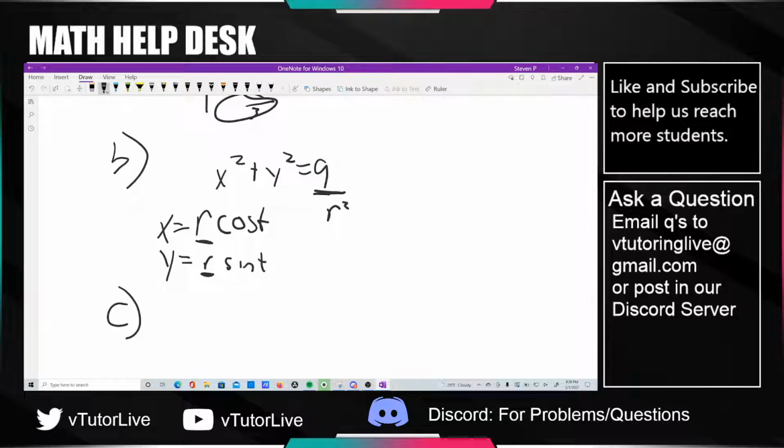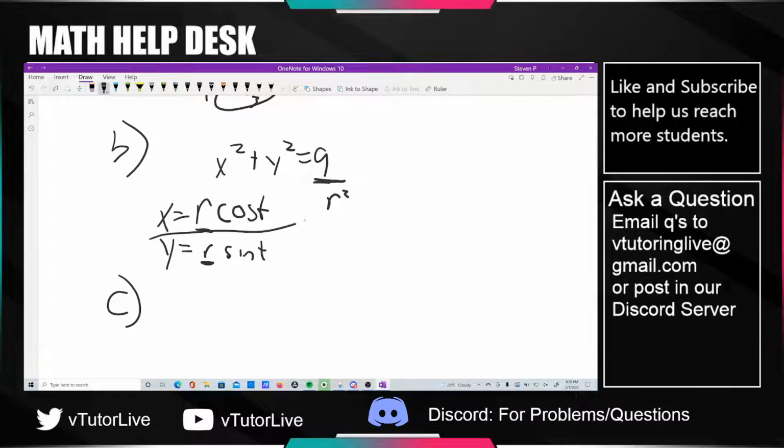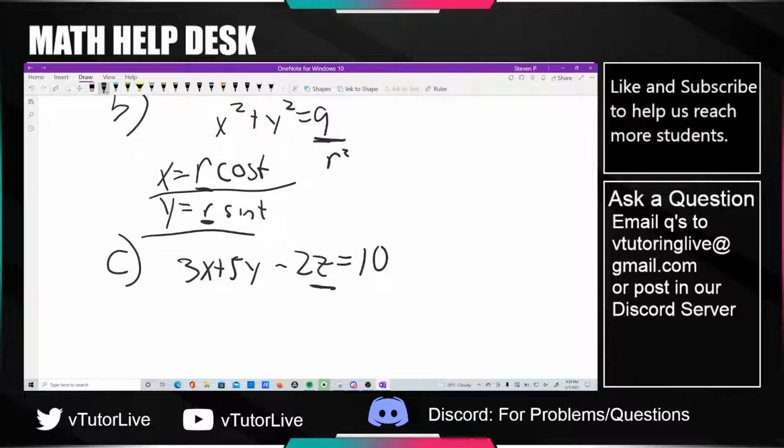But now it asks you to say, okay, so this is our 2D parameterization. We have both x and y. Now let's solve x plus 2y. You know what? I'm going to make up my own equation. I don't know, 3x plus 5y minus 2z is equal to 10, maybe. And the idea here is that you can totally isolate this for z, right?